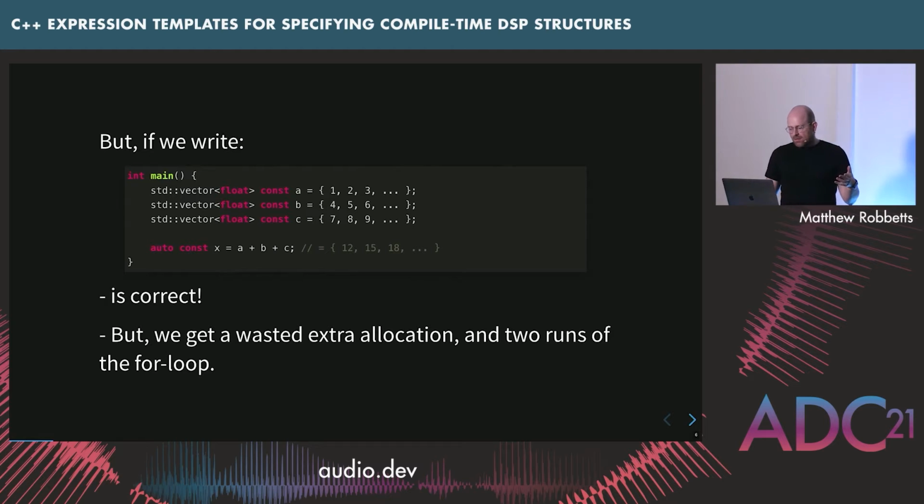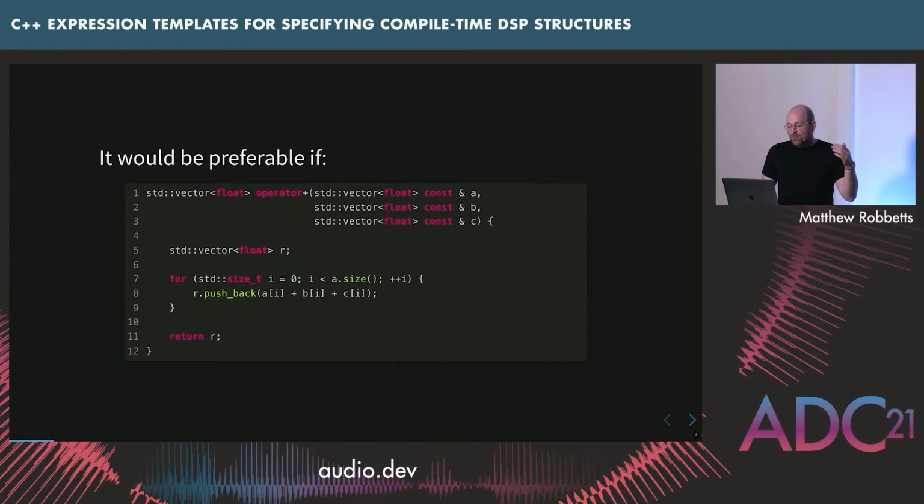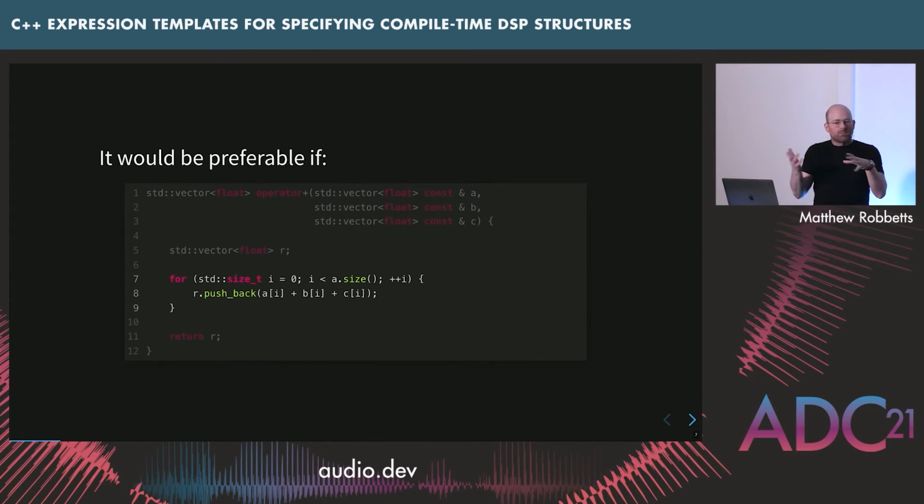What we would prefer really is if we could have maybe a 3-input operator plus, which obviously doesn't make sense, but let's say we could somehow do this. It's going to take 3 std vectors, and we're going to have 1 traversal of the for loop, indexing into all 3 inputs in 1 loop. So we save the performance again, right? We have 1 return object with 1 allocation.